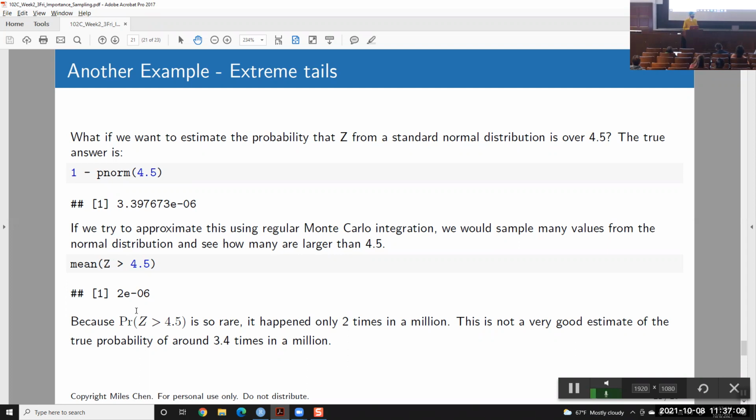When I do this, I have 2 values that are over 4.5. So my estimate is off by a fairly significant factor, right? The true value is something around 3.4 in a million, whereas my Monte Carlo estimate got 2 in a million. It's not wildly off, but it's so rare that even after a million draws, this only happens twice.